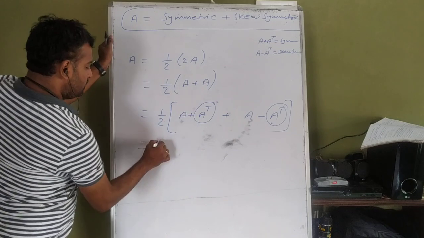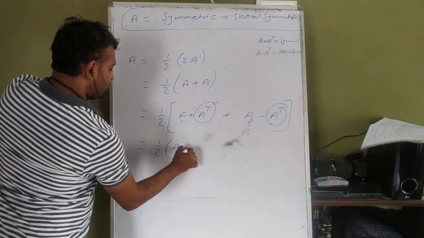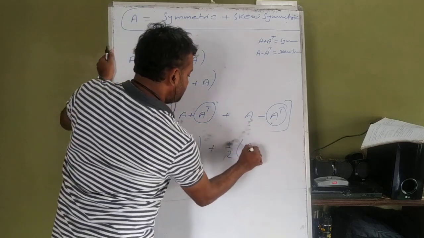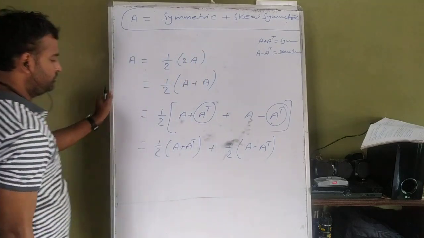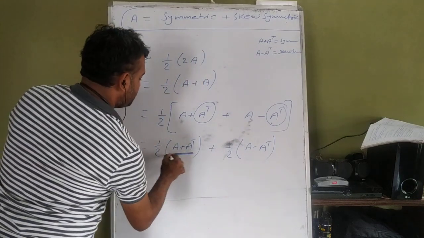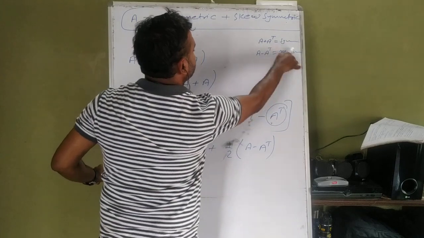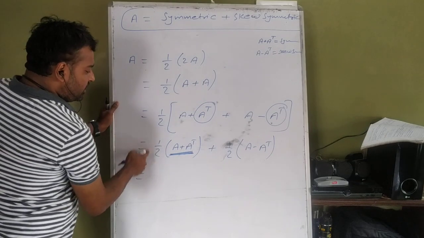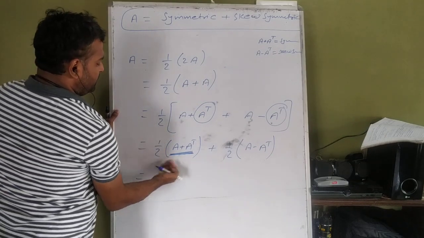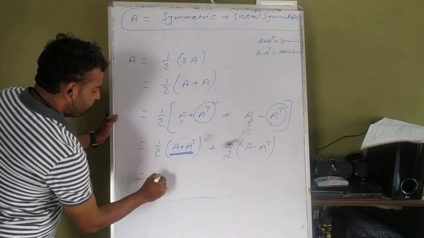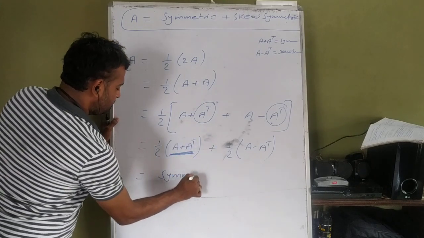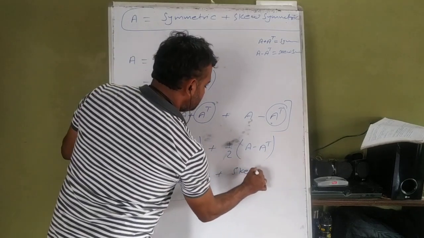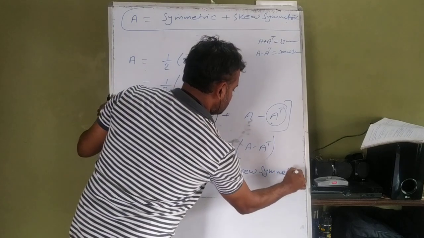Now it can be written as half of A plus A transpose plus half of A minus A transpose. What have we discussed? We have proved A plus A transpose is symmetric. And this is the scalar quantity, a scalar quantity means all the elements will be multiplied, so it can be written as symmetric. And A minus A transpose is skew symmetric.